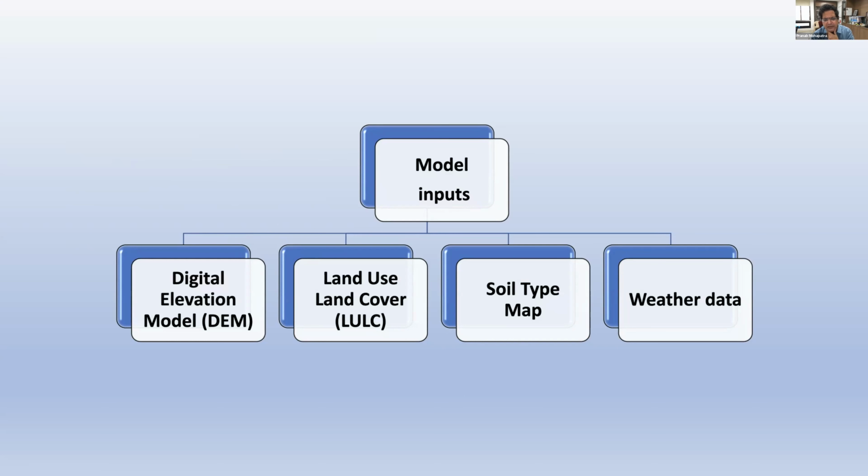So land use, land cover map is very essential for hydrological modeling. These are the inputs used. Similarly, soil type and weather data, essentially precipitation, wind velocity, temperature. If you remember what I discussed in the hydrologic cycle, to assess different components of the hydrologic cycle, we need this information.